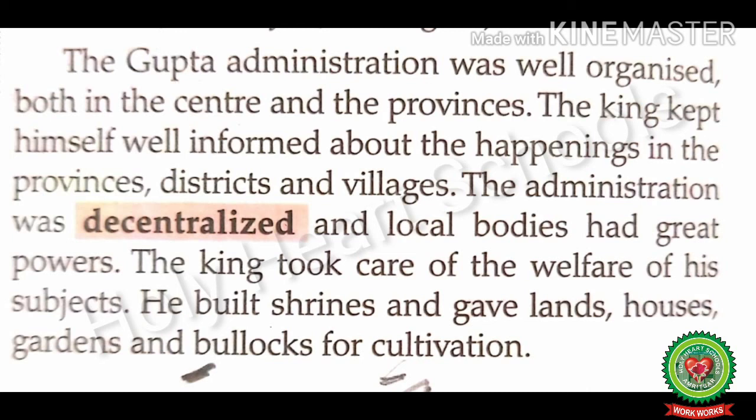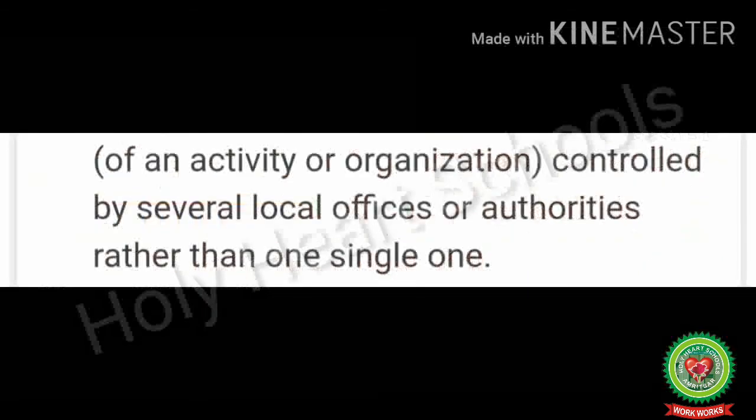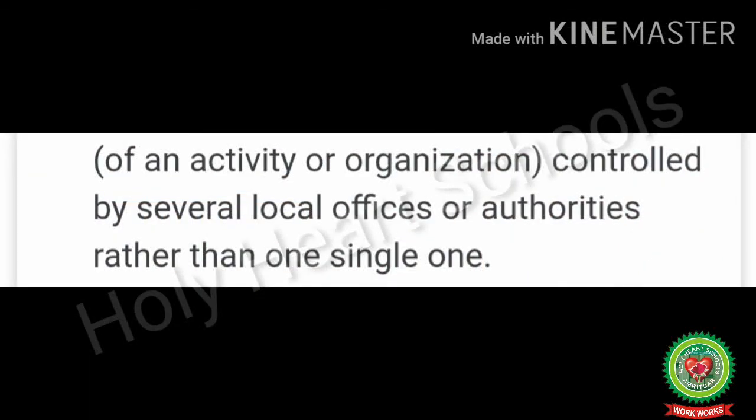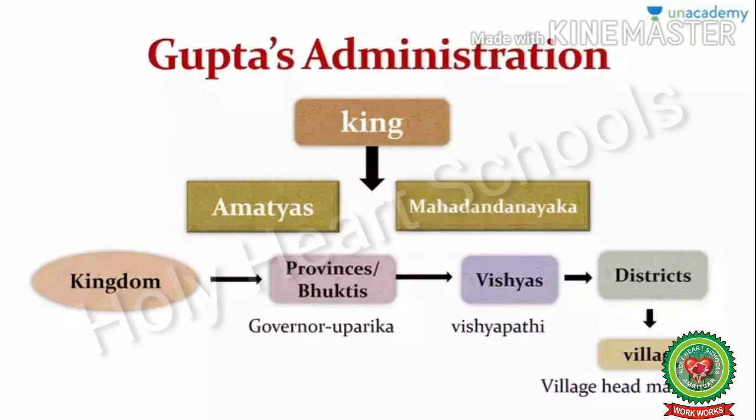He built shrines and gave lands, houses, gardens, and bullocks for cultivation. So, children, decentralized means an organization controlled by several local officers or authorities rather than one single one. Shrine means holy place. So, students, the central and the provincial administration of the Gupta Empire were very efficient.